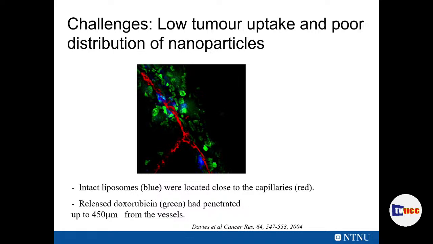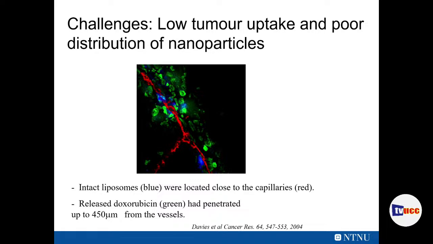So cells that have the drug are now in green, and the red is the blood vessel. You see that you have nanoparticles very close to the vessel wall, and the drug taken up in cells is also very close to the vessel. All this black area is cancer tissue, with no drugs coming there.